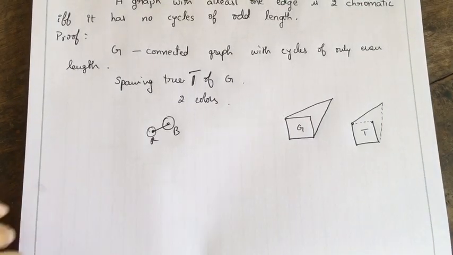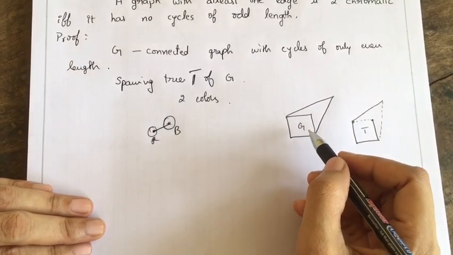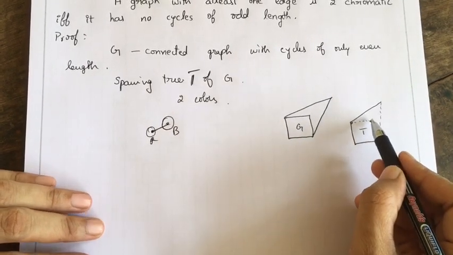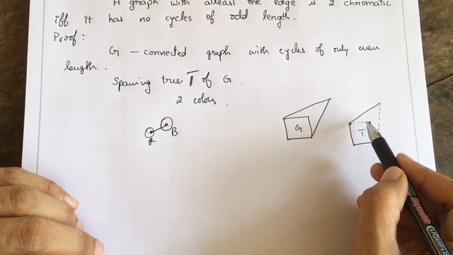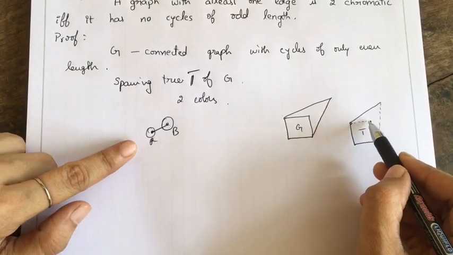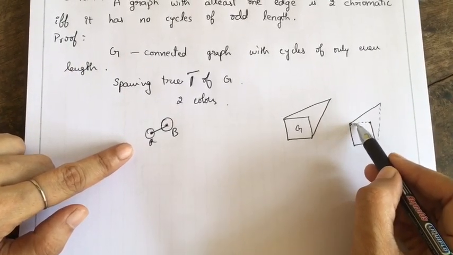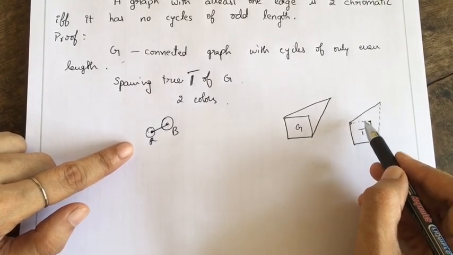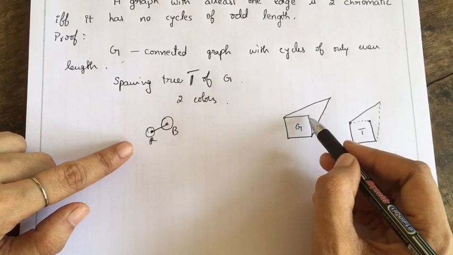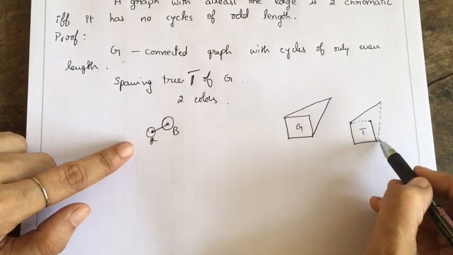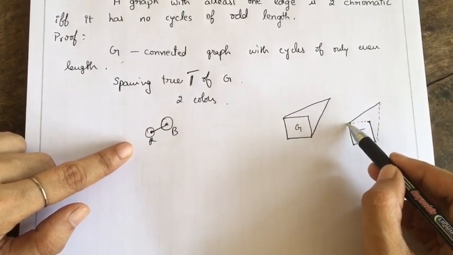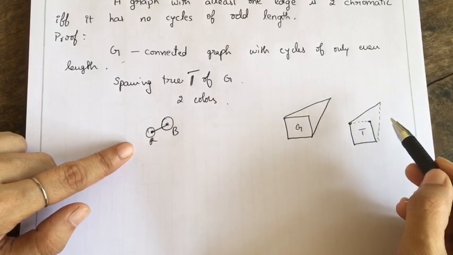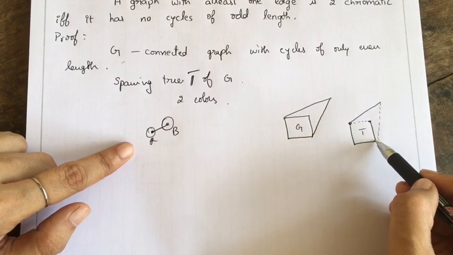So in this case, for the spanning tree, I'm going to add a chord. The thing which I'm saying is that the end vertices of this chord will get two different colors because the graph has all the cycles of even length. So the color which I have used here will not be there on this point because this color will be there here.